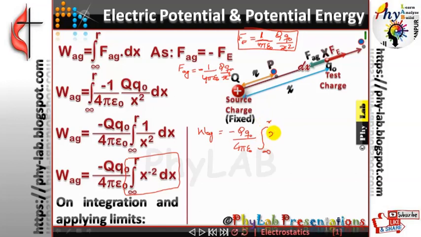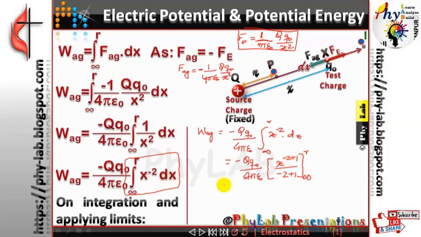So x to the power of minus 2 into dx, its integration will be minus Q naught upon 4 pi epsilon naught, and here the integration is x to the power of minus 2 plus 1 upon minus 2 plus 1. Our limits of integration are from infinity to some point r.